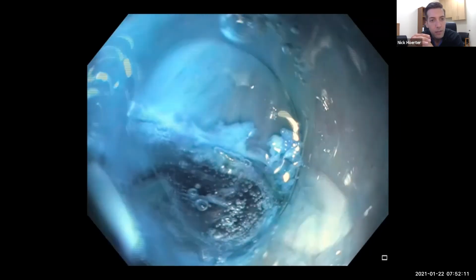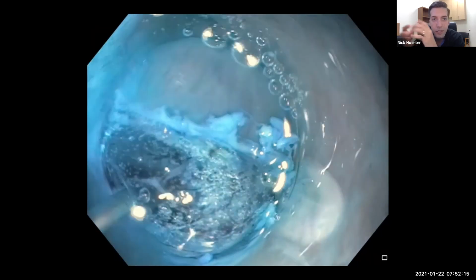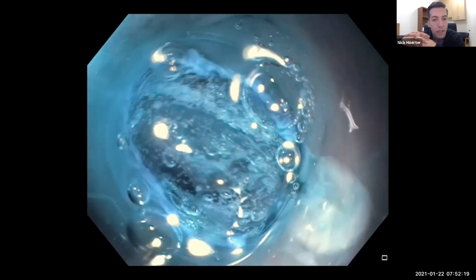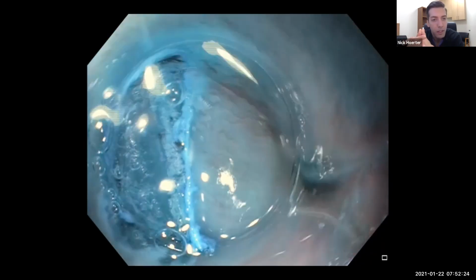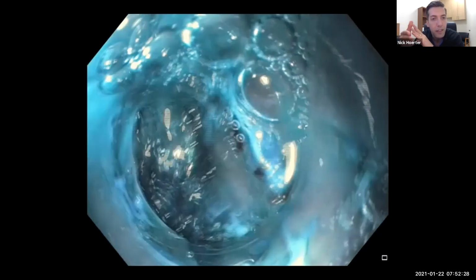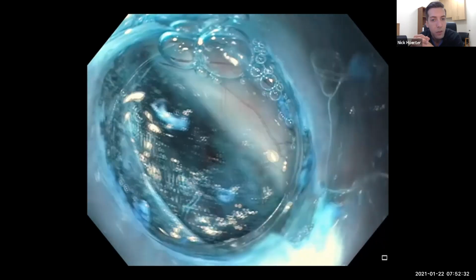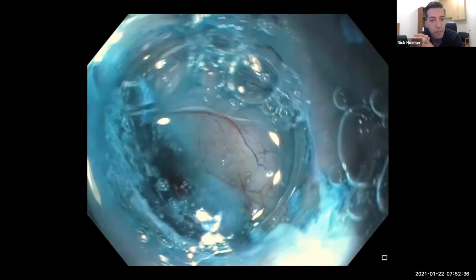Once this mucosal incision is created, a tunnel is created similar to a typical POEM. It's an alternating series of injection of saline and methylene blue to expand the space, and then dissection with the electrosurgical knife. This is all with the goal of exposing that muscular septum, which you're actually starting to see there.